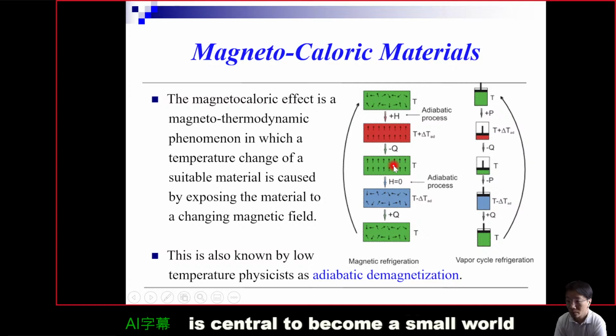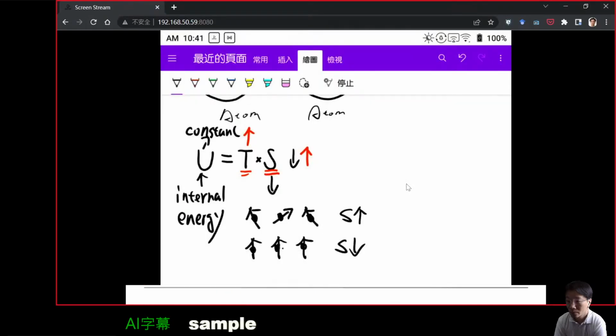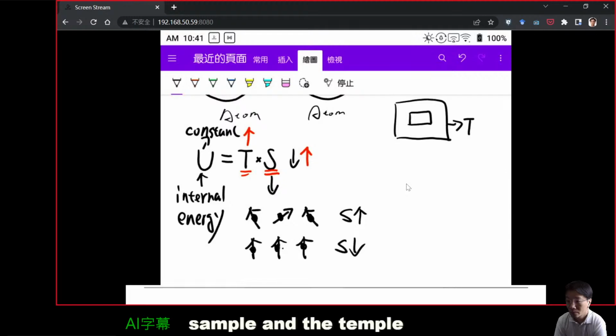So at this moment, when we remove the external magnetic field in the adiabatic process, I can make a sketch here. In the beginning, there is a chamber, and the surface of the chamber has a temperature T, and there is a magnetocaloric effect sample carrying randomly oriented spins, and we suspend it in this space and apply the external magnetic field.